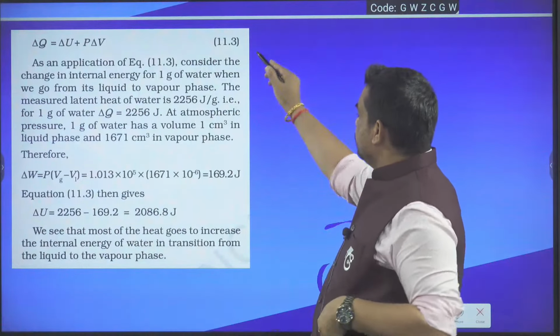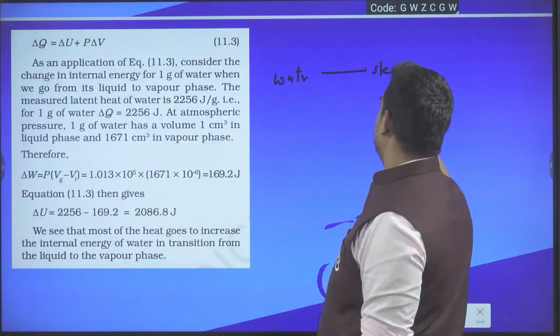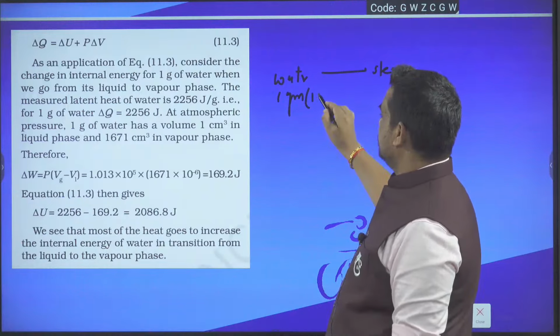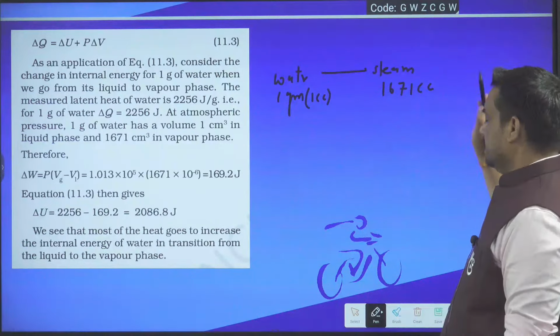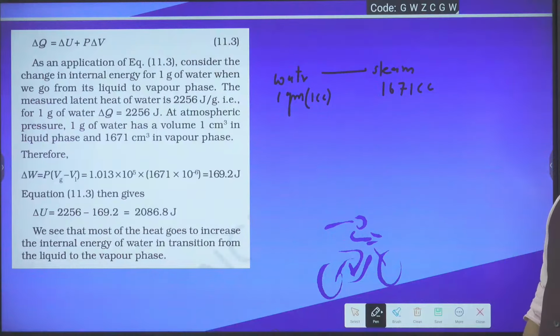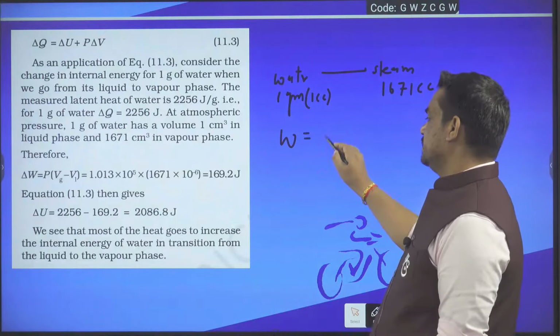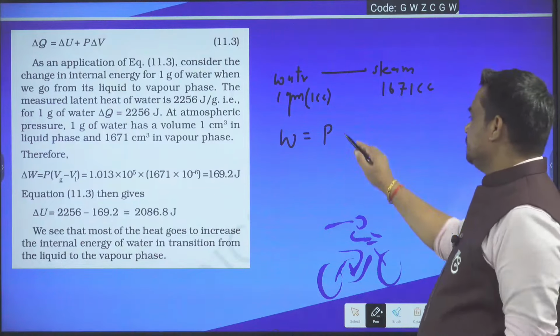When water goes to steam, 1 gram of water, which is basically 1 cc, will form 1671 cc of steam. They're asking how much work. Work is P delta V, so P (V2 minus V1).